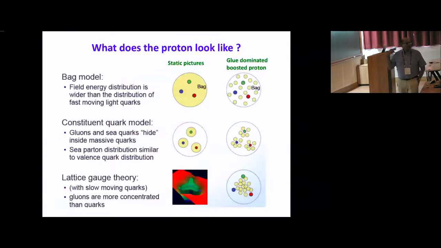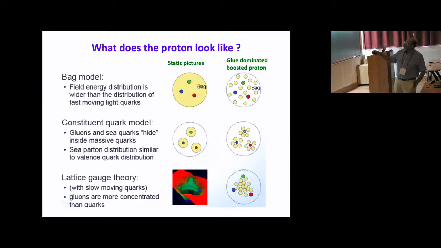For example, let's take the simplest possible example. Someone comes to you and tells you, hey, I really understand QCD. I went to the school in Bangalore, and I was closeted with 30 other kids, and I learned everything about QCD. I'm done. Let me learn something else. So someone could come and say, okay, tell me, what does a proton look like in terms of these quarks and gluons you've been telling me about?